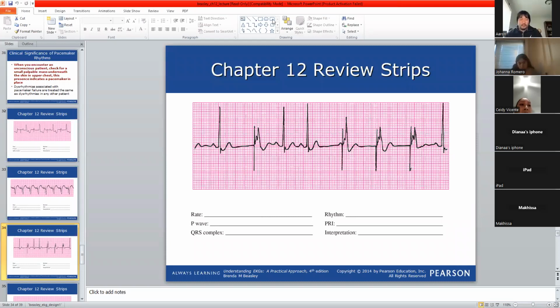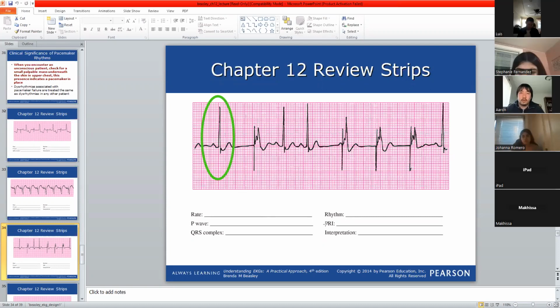If I ask you, what do you think about this? It's P, QRS, and T. Very good. And the second one is a spike.